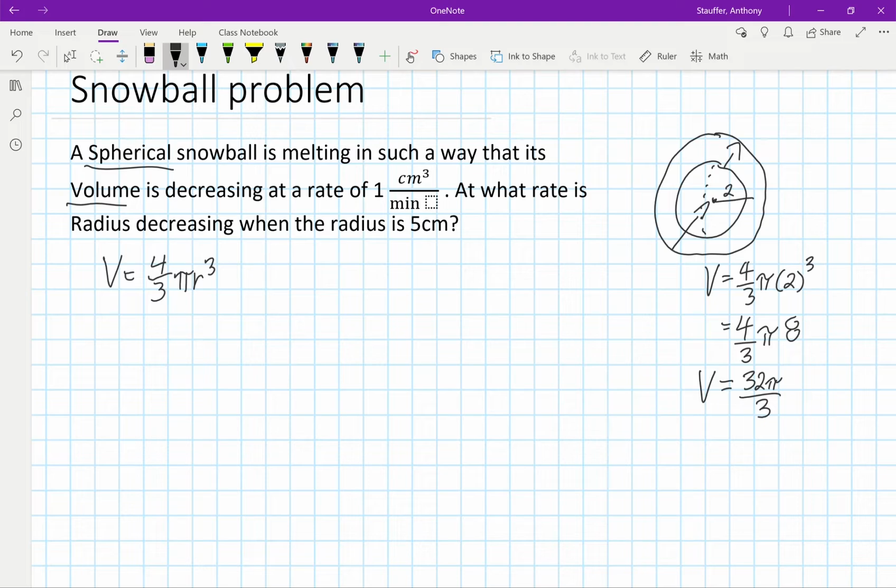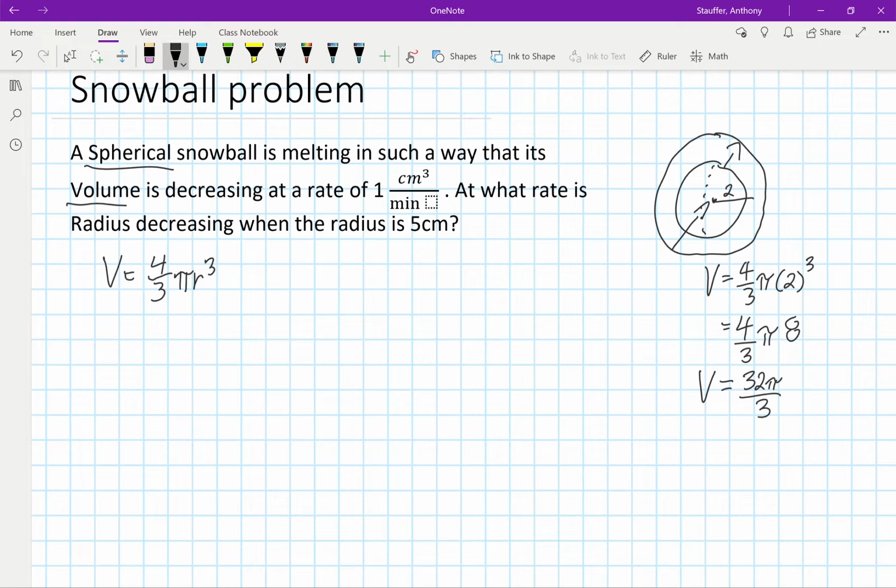In our question, the snowball is melting in such a way that its volume is decreasing at a rate of 1 centimeter cubed per minute. If the volume is decreasing, that means it's moving. We don't have a variable defined for this, because I have my static volume and my static radius, whereas a decreasing volume is a dynamic value.